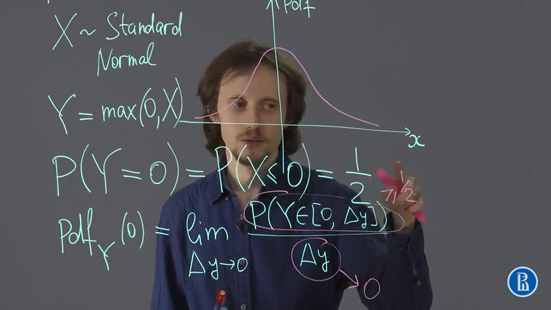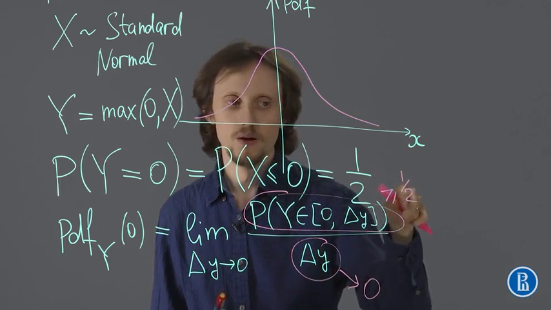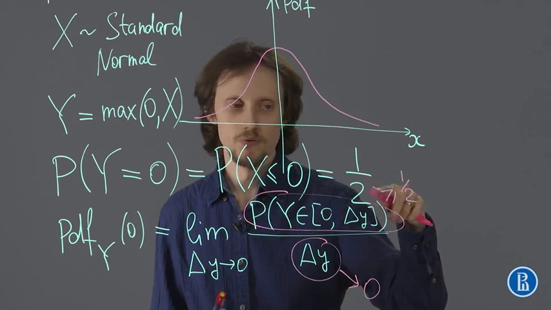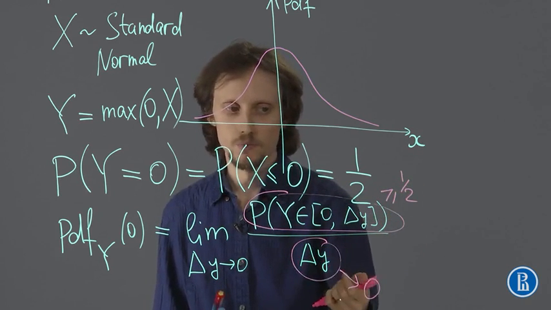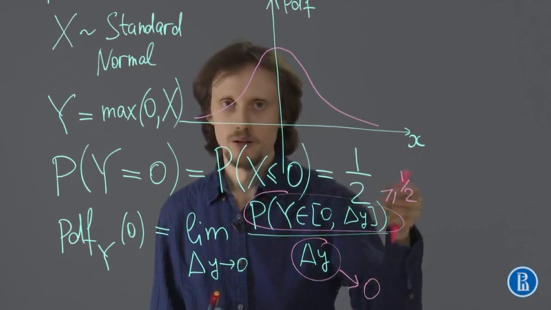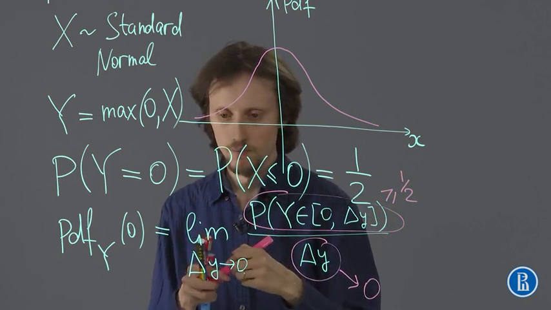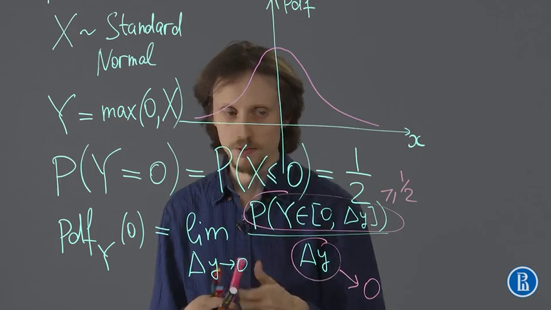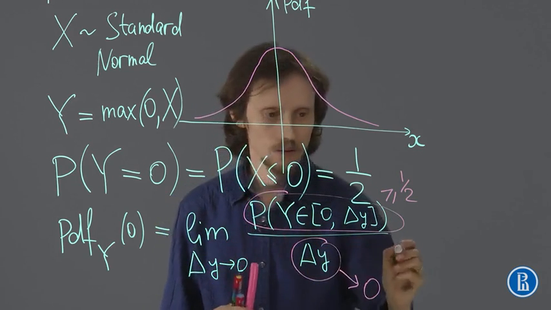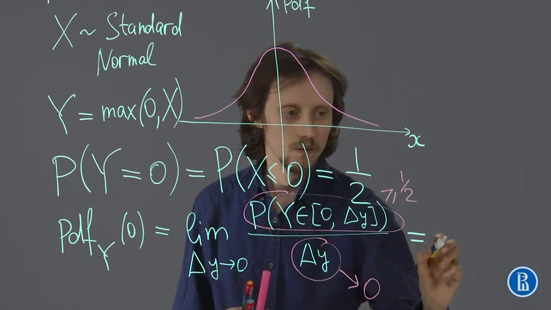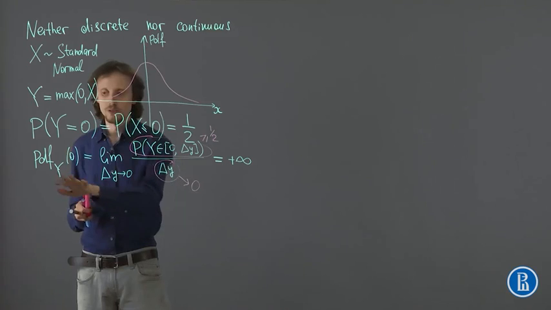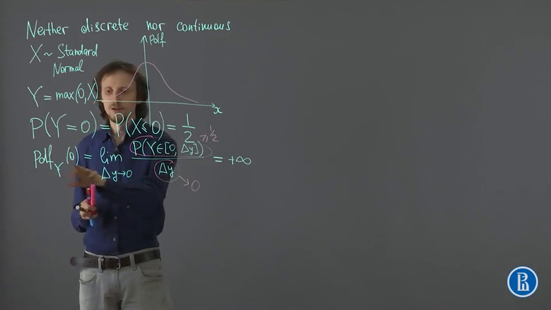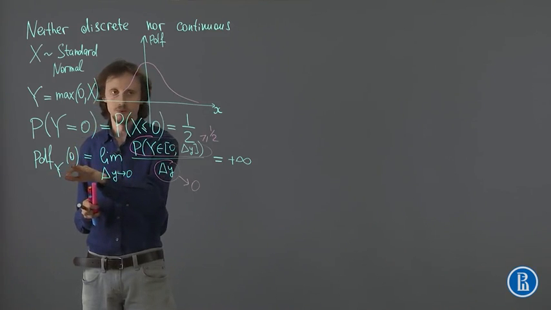If you divide some value which is bounded from below by 1/2 by a value that is arbitrarily small, you get an arbitrarily large value. So this limit is infinity. It means that the probability density function is not defined at 0.